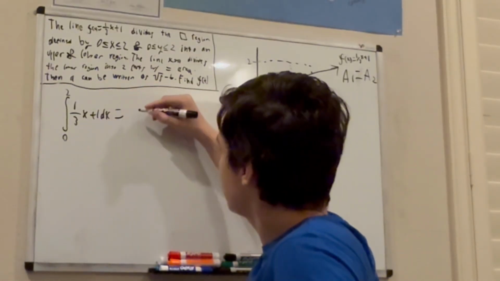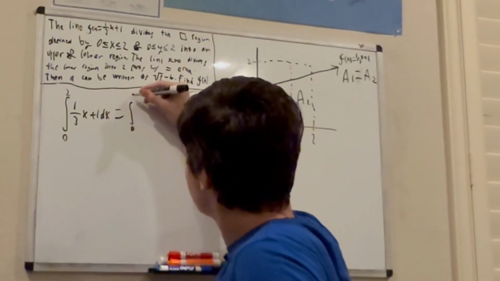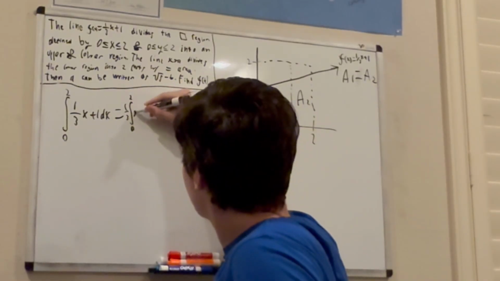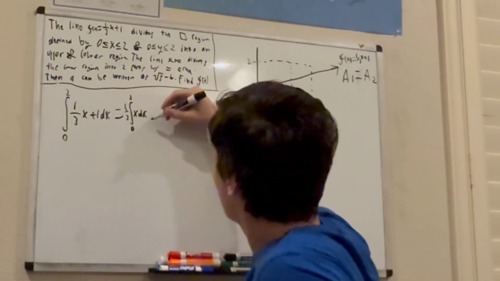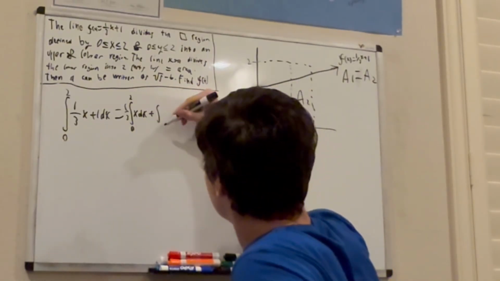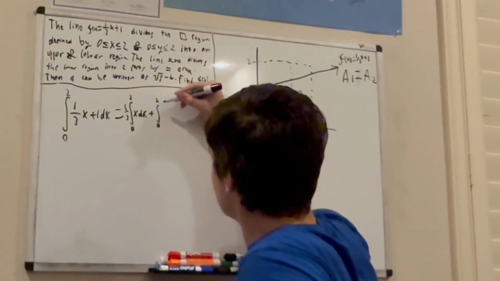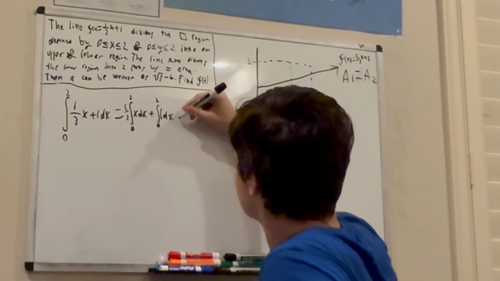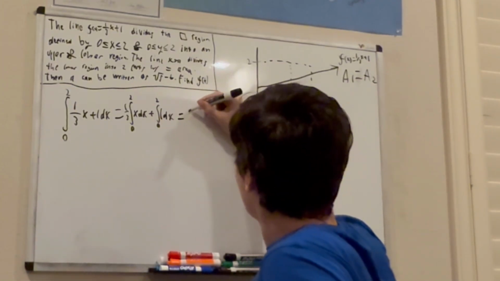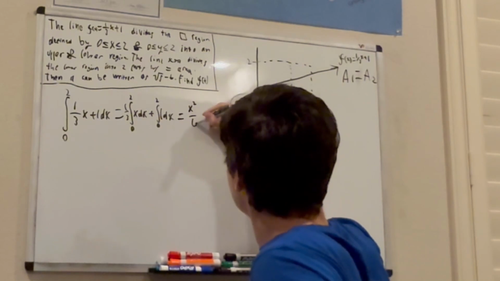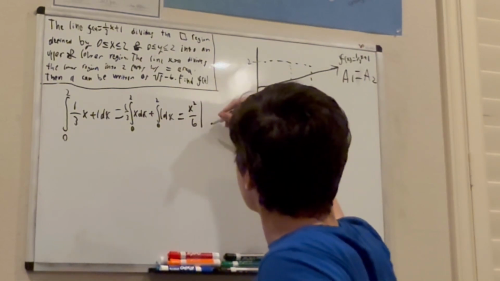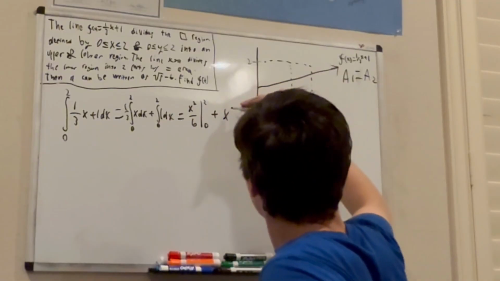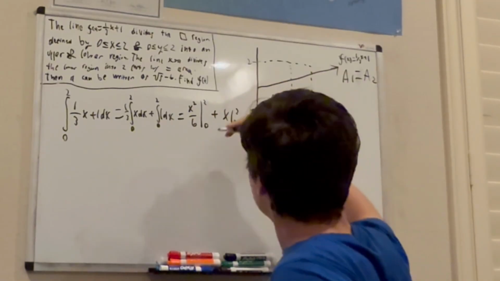So this is going to be equal to the integral from 0 to 2 of 1/3 x with respect to x, plus the integral from 0 to 2 of 1 dx, and this is going to be equal to x squared over 6 evaluated from 0 to 2 plus x evaluated from 0 to 2.